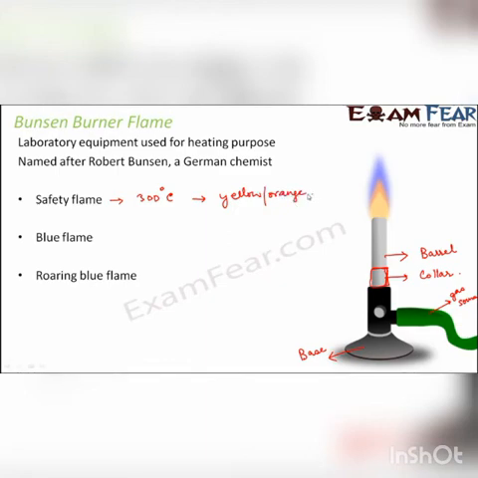This flame is not used for heating anything because the temperature is quite low. It only indicates that the Bunsen burner is on. That is why it is called the safety flame, because it is only for safety purposes.